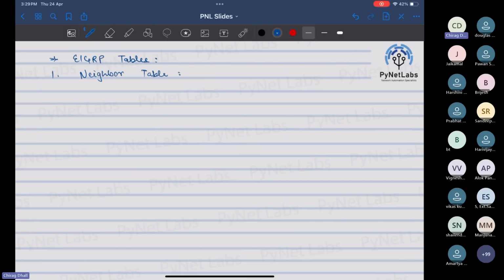So inside the neighbor table, once the parameters match, the information about connected device is added.